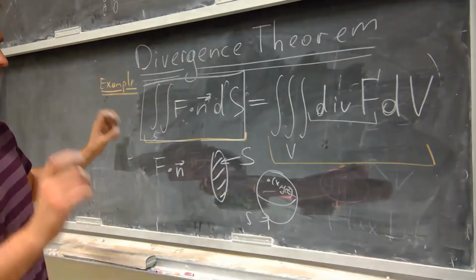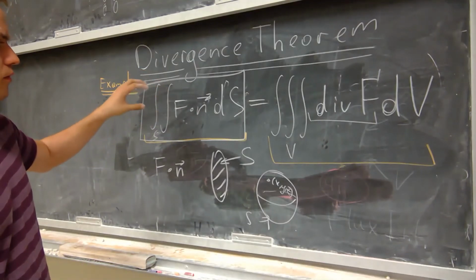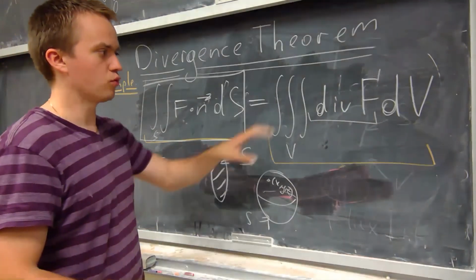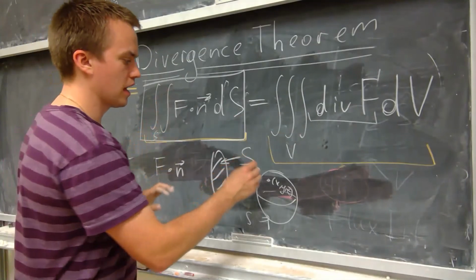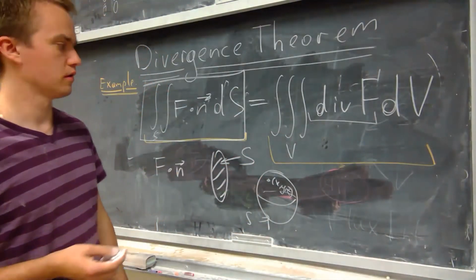So the physics meaning of this integral is this: measuring the amount of liquid that goes through some closed surface is equivalent to measuring the intensity of that vector field at every point enclosed by the surface.